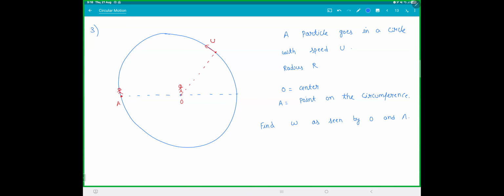The same particle, when different observers see it, you get different answers. This is an easy one. I'll give you a minute.